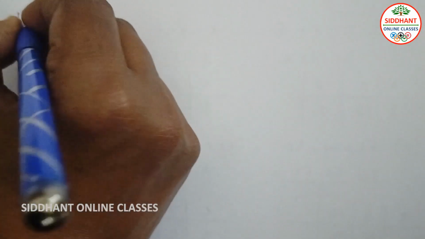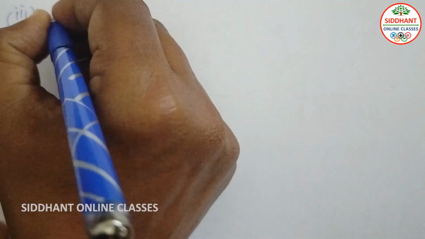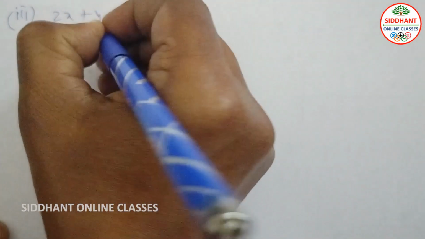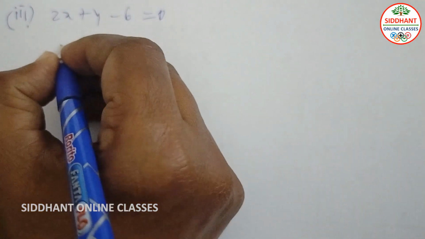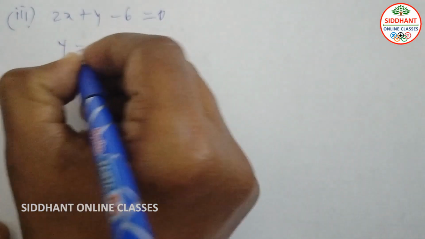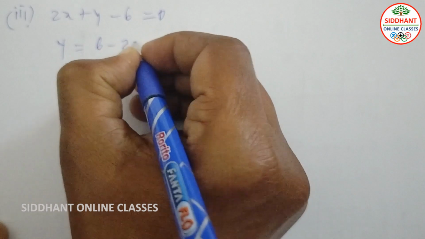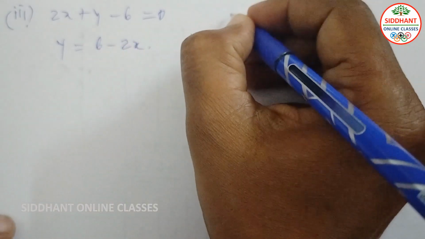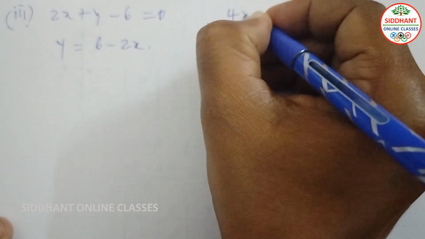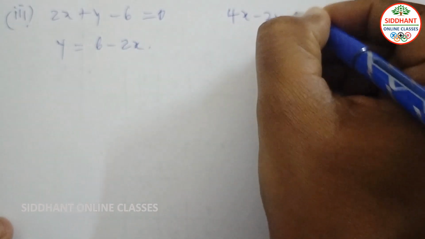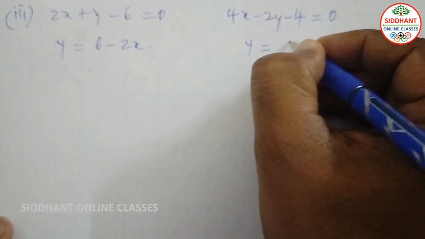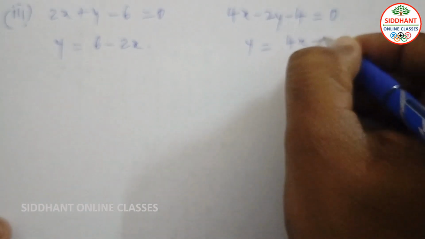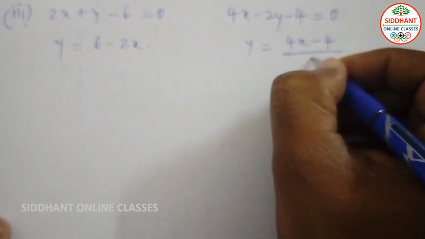For the third one, when you see 2x plus y minus 6 equal to 0, y equals 6 minus 2x, and for the second, 4x minus 2y minus 4 equal to 0, y equals (4x minus 4) by 2.